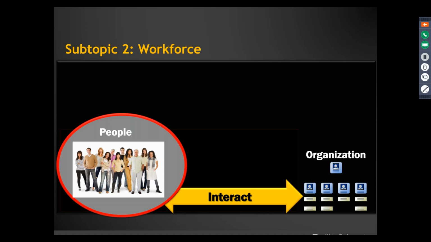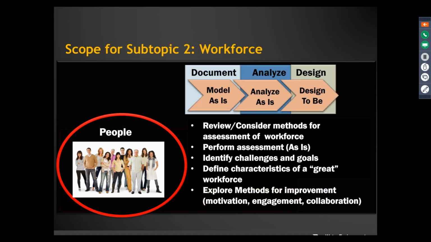subtopic is workforce. And again, in this topic, we're going to apply the methodology to look at the methods for documenting and assessing the workforce and engagement and so forth, and identify the challenges and goals and explore methods for improvement.